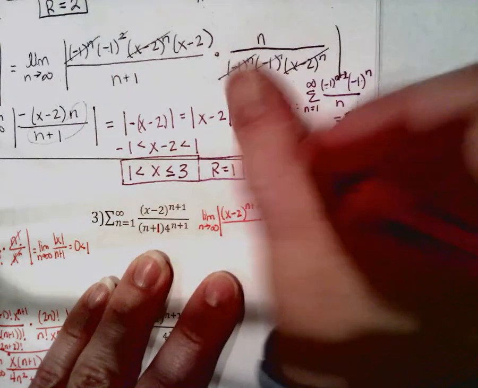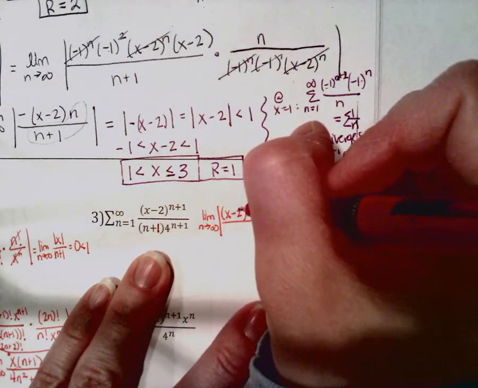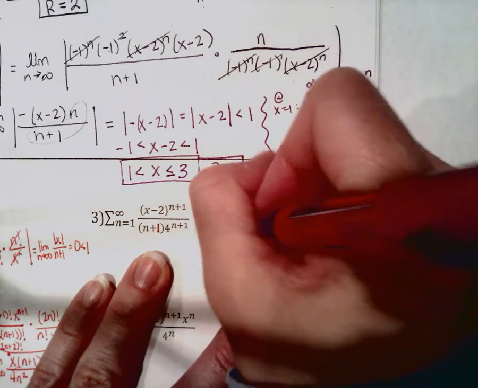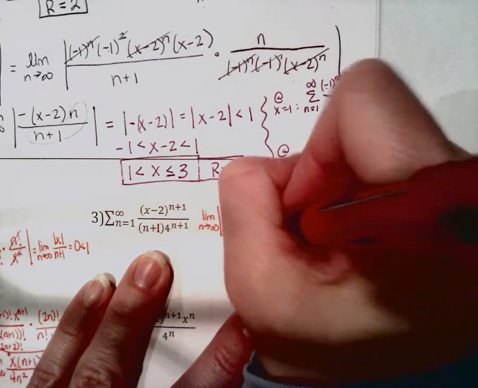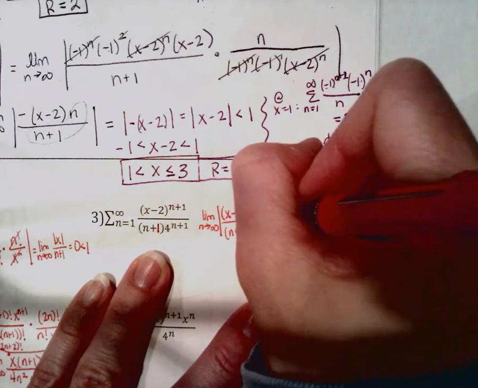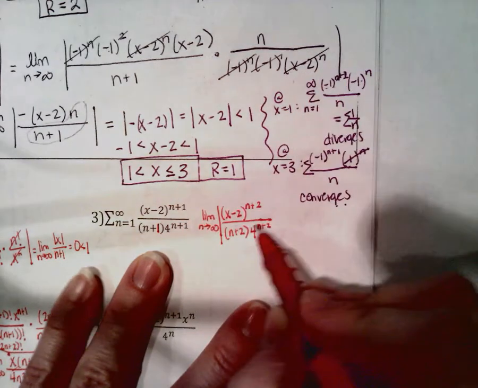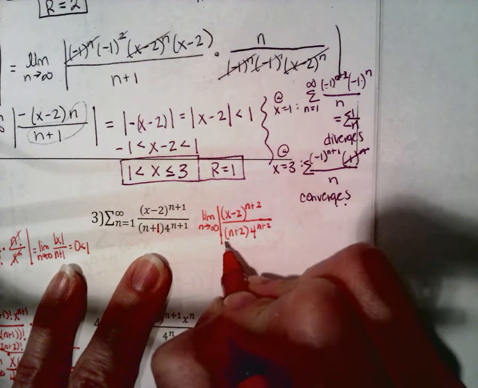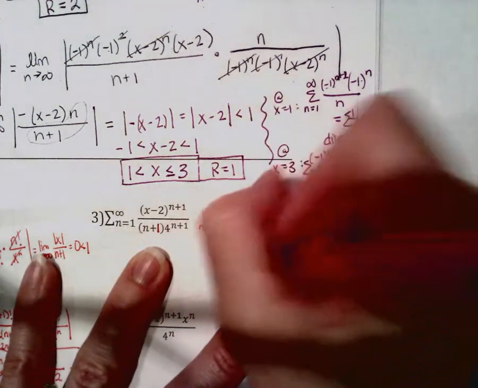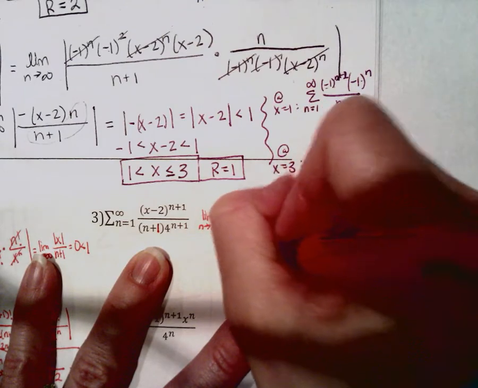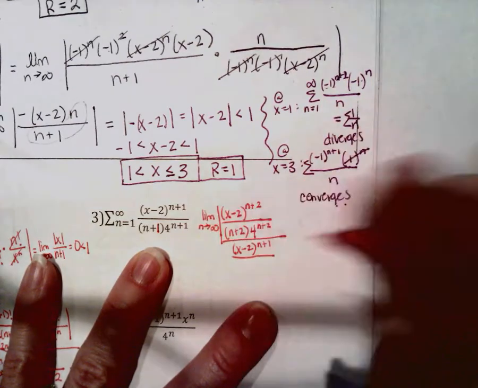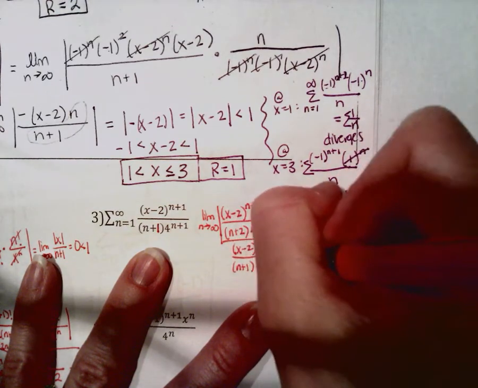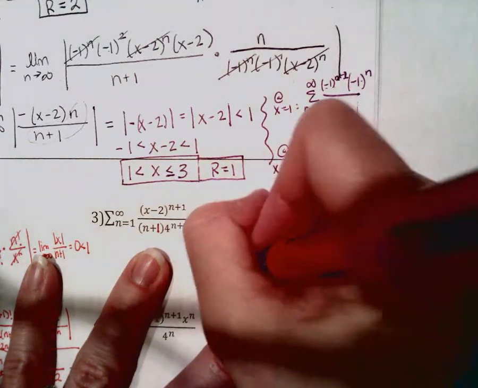So that's going to become n plus 2 times 4 to the n plus 2. So that's a sub n plus 1 over a sub n. So over the original, x minus 2 to the n plus 1 over n plus 1 times 4 to the n plus 1. So here's what I have.